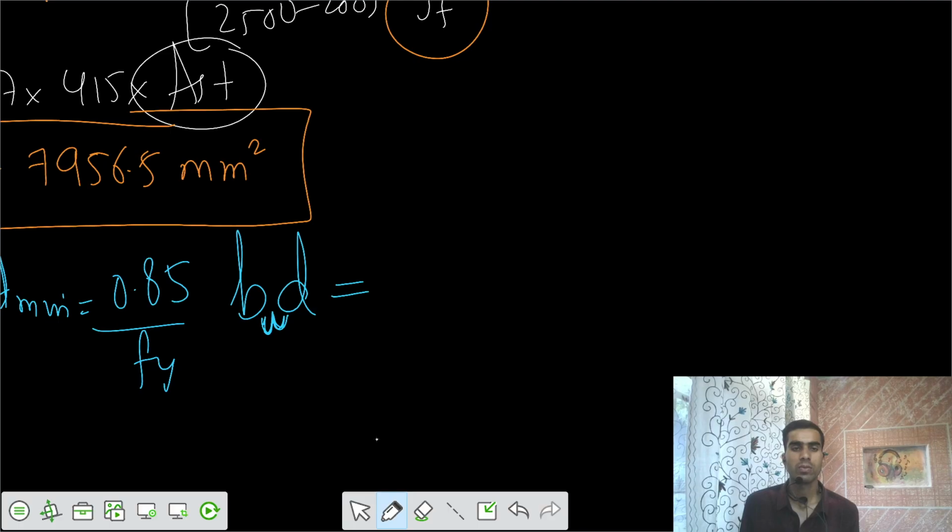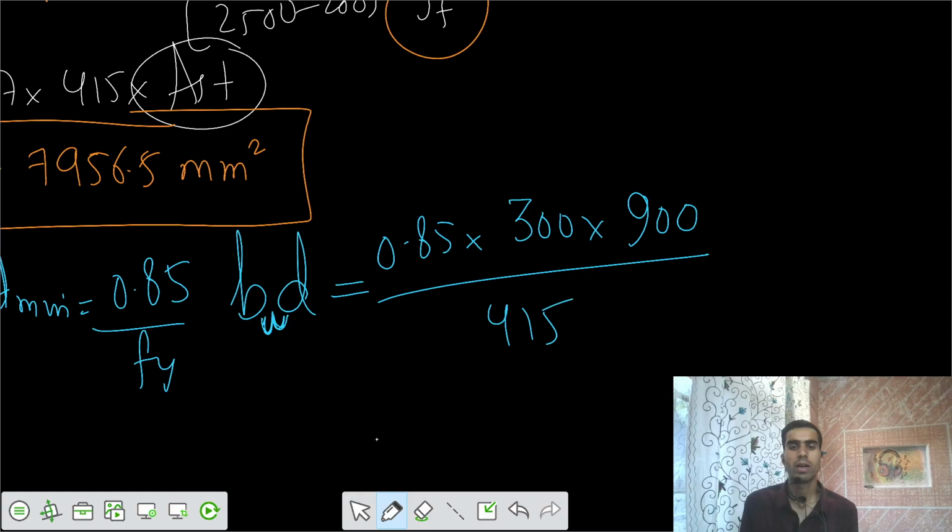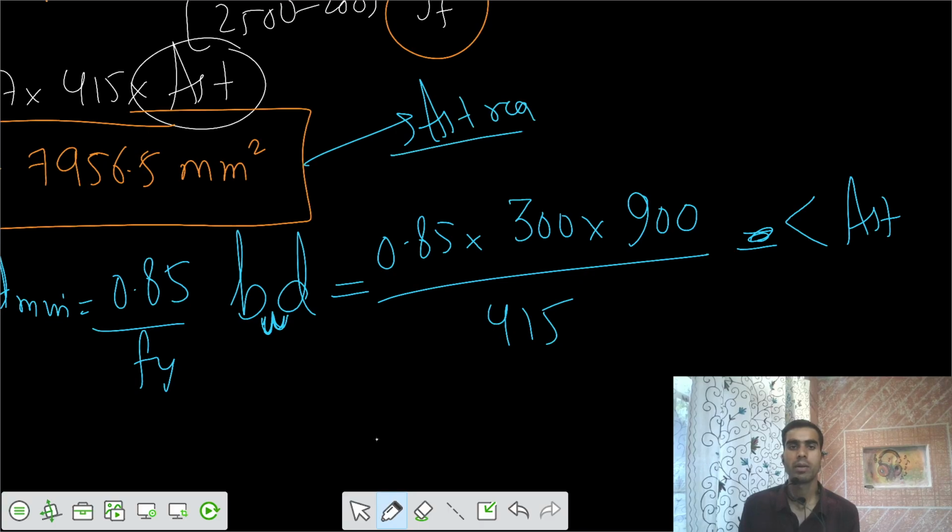So corresponding to this, BW we have 300, D was 900, Fy was 415. I have not checked that value, but you can see how much value we have, and that would be less than the AST provided. This is the AST required. We are going to provide a bit more, so that's okay.